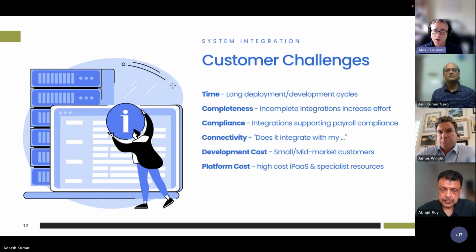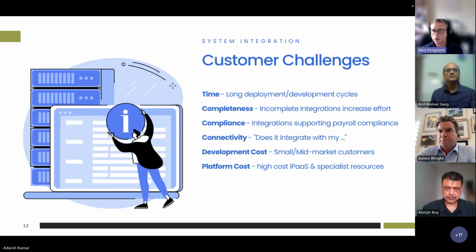Next, yeah, thanks. To take a step back for a moment and look at some of the key challenges that many customers in the payroll industry are facing. In terms of integrations, one of the key challenges has always been the long time it takes to build integrations.